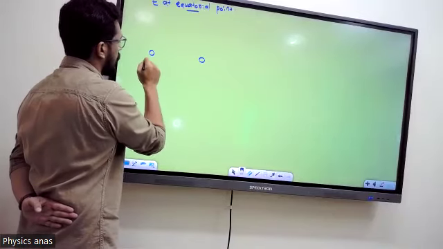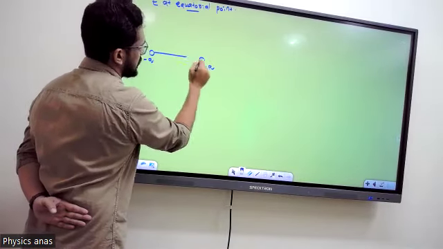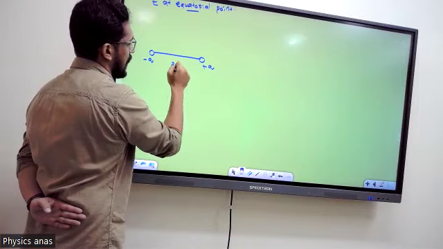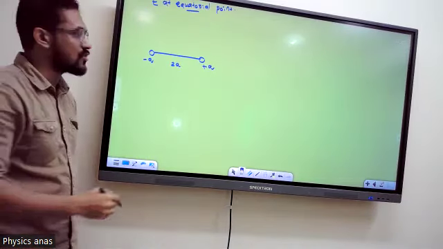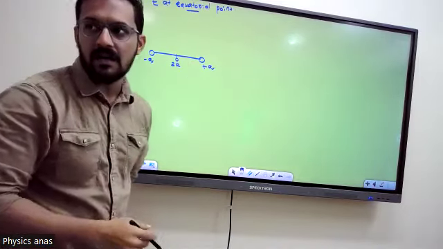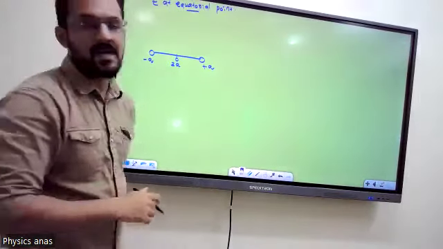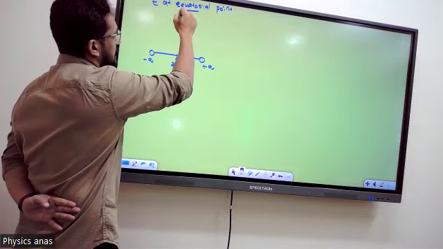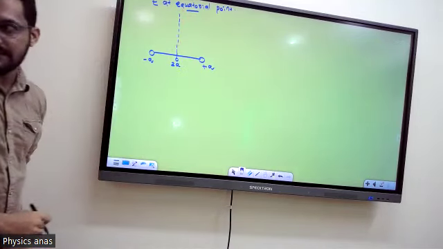Now this is minus q and this is plus q, and this is the distance between them, 2a. What is the equatorial line? Equatorial line is the line drawn at the center, perpendicular to the axis.